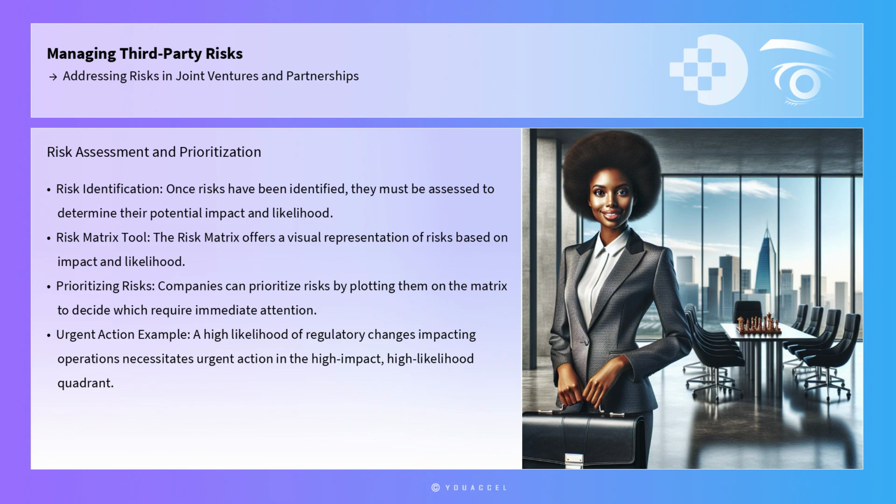By plotting risks on the matrix, companies can prioritize which risks require immediate attention. For example, if a joint venture faces a high likelihood of regulatory changes that could impact operations, this risk would be placed in the high-impact, high-likelihood quadrant, necessitating urgent action.